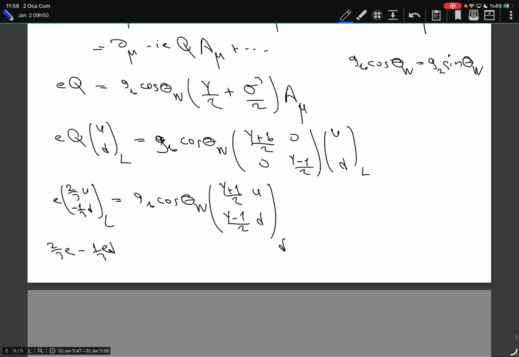Well, the left-hand side is just e. This is G1 cosine theta Weinberg, or G1 G2 divided by the square root of G1 squared plus G2 squared. So this is what e is.